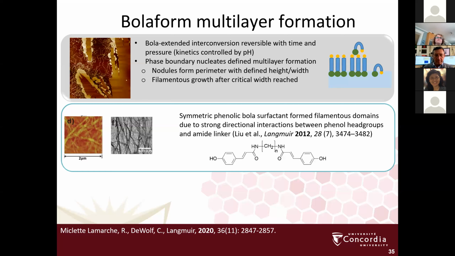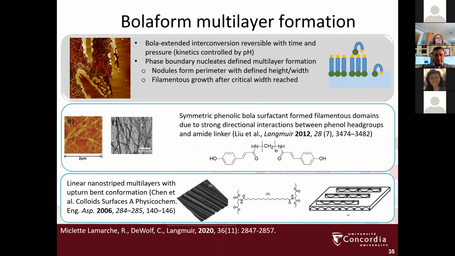There have been some systems to which we can make some comparisons. A phenolic bola surfactant with symmetric head groups was shown to form filamentous domains, again attributed to these strong directional interactions between the phenols and between the phenols and the amides.